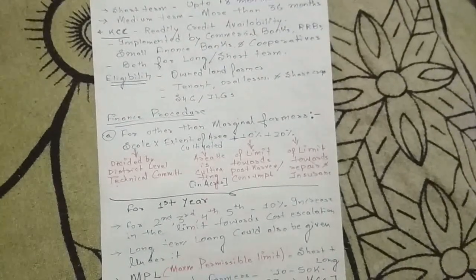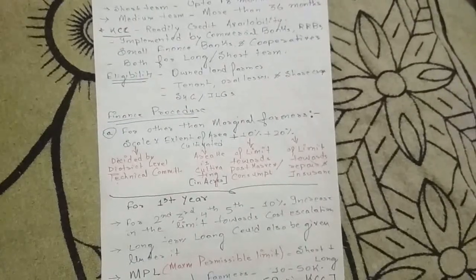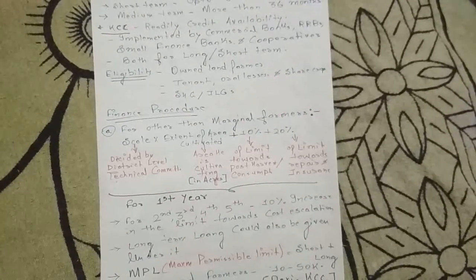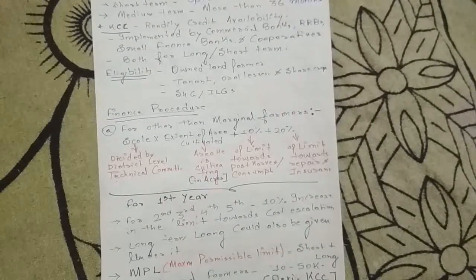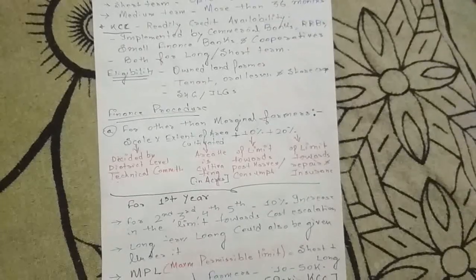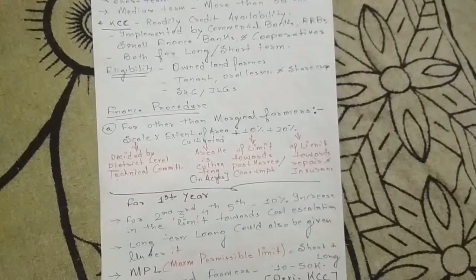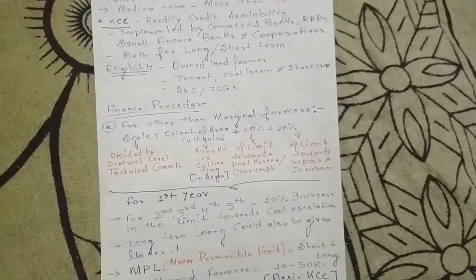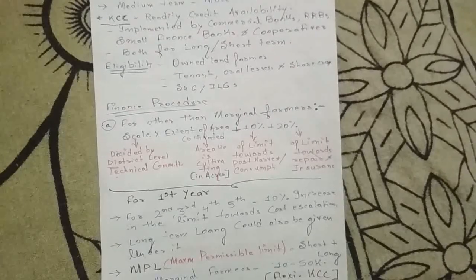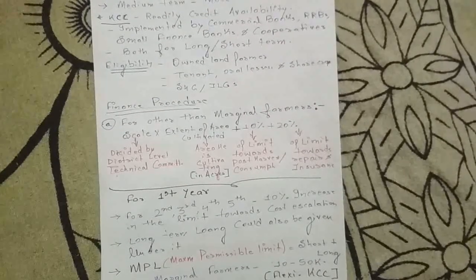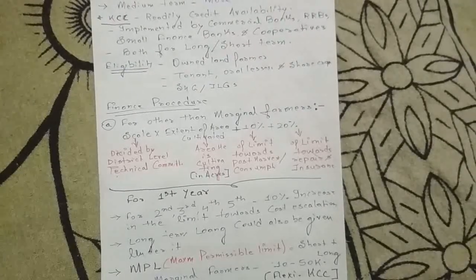Now what is the procedure to fix the finance for the KCC? The KCC can be categorized, or the procedure followed depends upon whether the farmer is a marginal farmer or other than a marginal farmer. For other than a marginal farmer, the formula is given below: scale into extent of area of cultivated land, plus 10%, plus 20%.